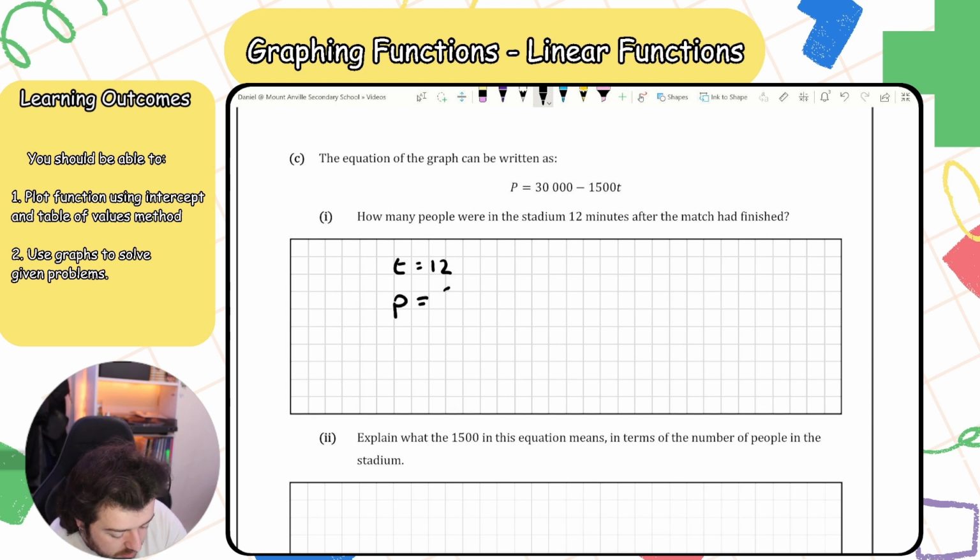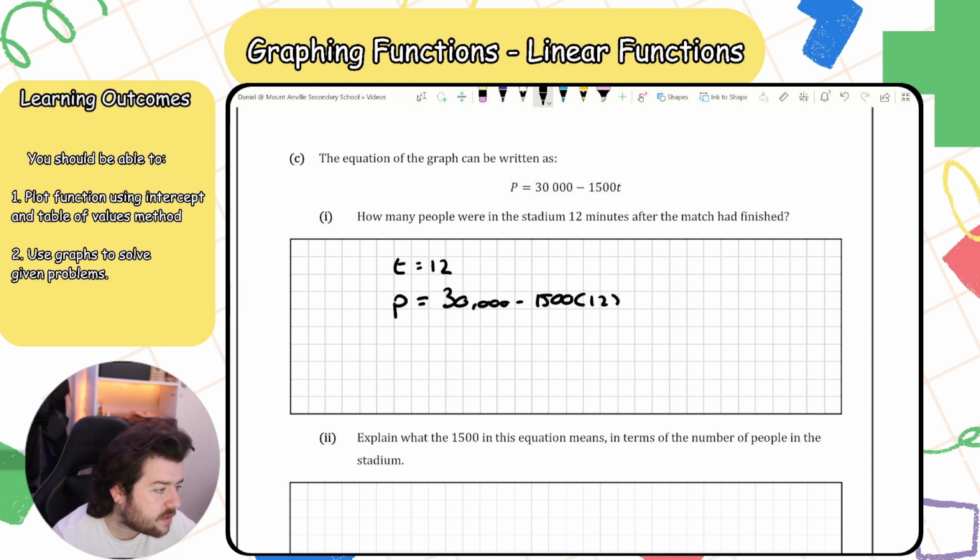So P is going to equal 30,000 minus 1,500 times 12, and that is going to be P equals 12,000. So there are 12,000 people left in the stadium. Put that in your calculator: 12,000 people left in the stadium after 12 minutes.